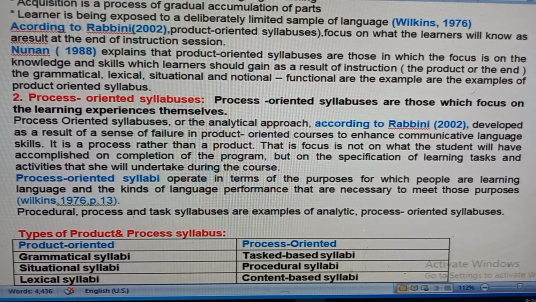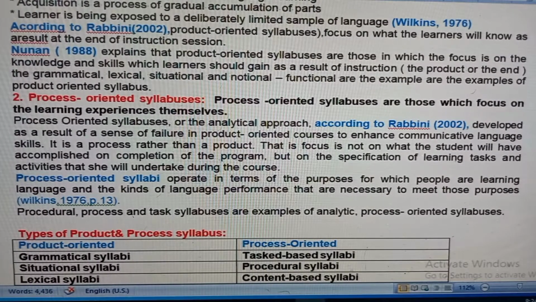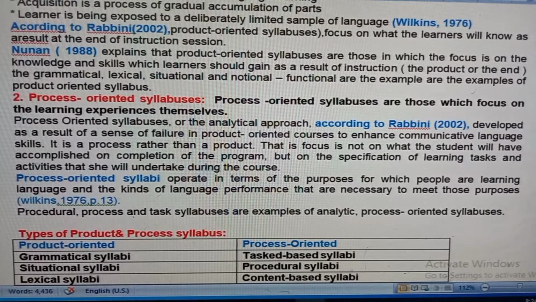Process-oriented syllabi operate in terms of the purposes for which people are learning language and the kinds of language performance that are necessary to meet those purposes. Wilkins, 1976, page 13. Procedural, process and task syllabuses are examples of analytic process-oriented syllabuses.